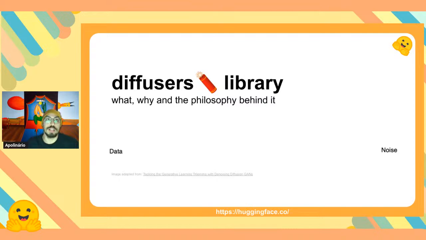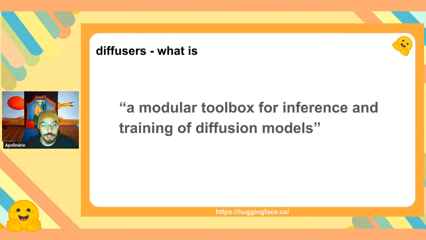Since this actual sprint will not be using the diffusers library because it will be using KerasCV, which diffusers does not support just yet for TensorFlow, I will talk a bit about the philosophy behind the diffusers library because I think it can be pretty expandable to any framework. So it just doesn't support it right now, but we hope to add support to more libraries in the future, and also you will see how the philosophy of the diffusers library could be used even in the current iteration of what we are doing.